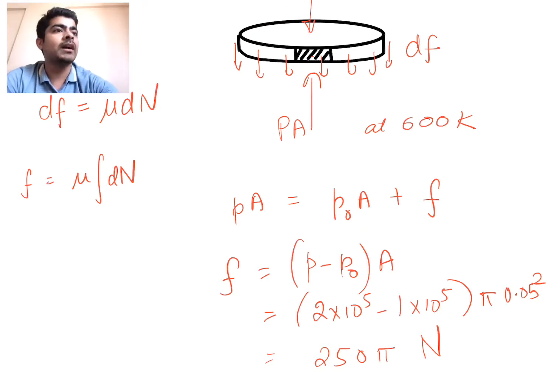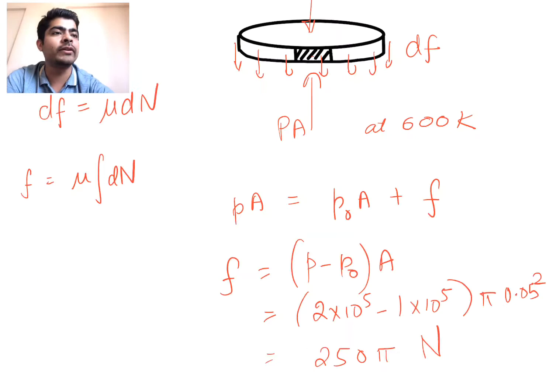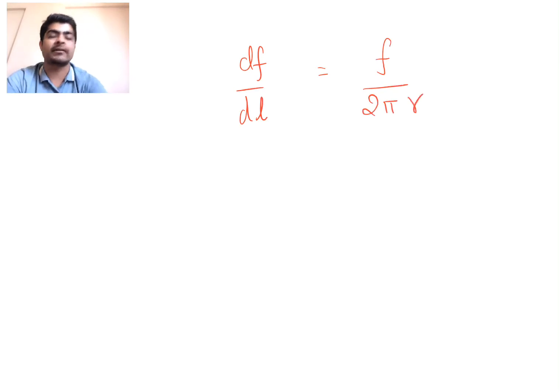Okay. Now frictional force will be mu into dN. Okay. We have to find dN by dl. How do we do that now? So it's very simple. So first of all, what is dF by dl? dF by dl will be friction by total circumference, that is 2 pi r.